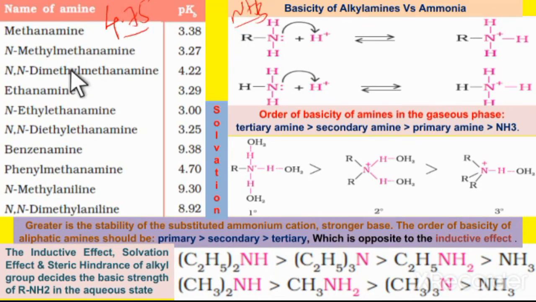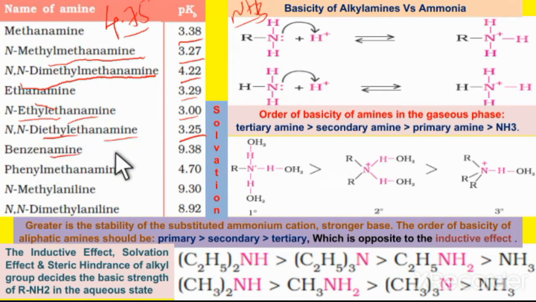Comparing with this, the pKb values of different amines are: methanamine 3.38, N-methyl methanamine 3.27, N,N-dimethyl methanamine 4.22, ethanamine 3.29, N-ethyl ethanamine 3.00, and N,N-dimethyl ethanamine 3.25.